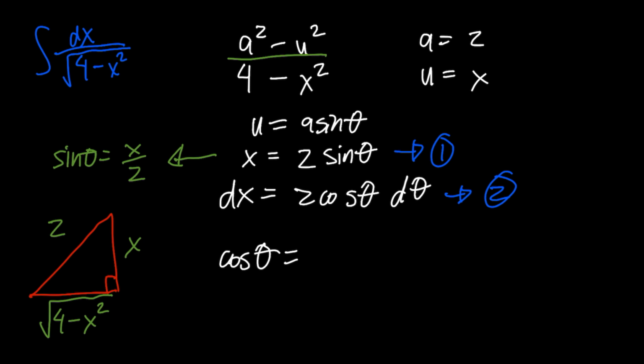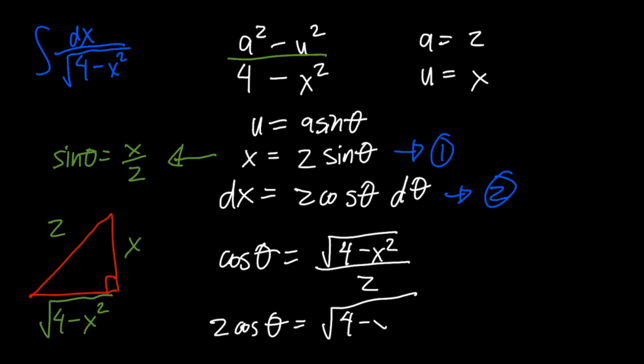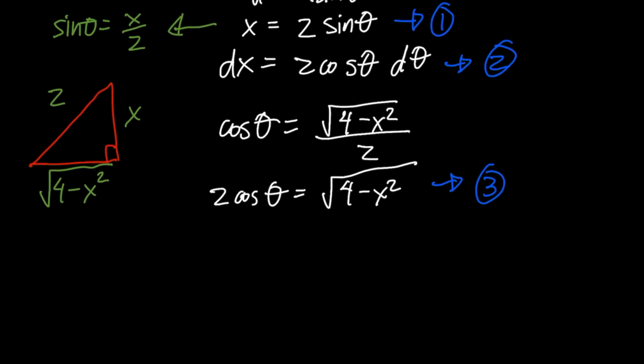So cosine theta is equal to the adjacent, which is the square root of 4 minus x squared, all over the hypotenuse, which is 2. Then we're going to multiply both sides by 2. So we'll get 2 cosine theta is equal to the square root of 4 minus x squared. So this will serve as our third equation.